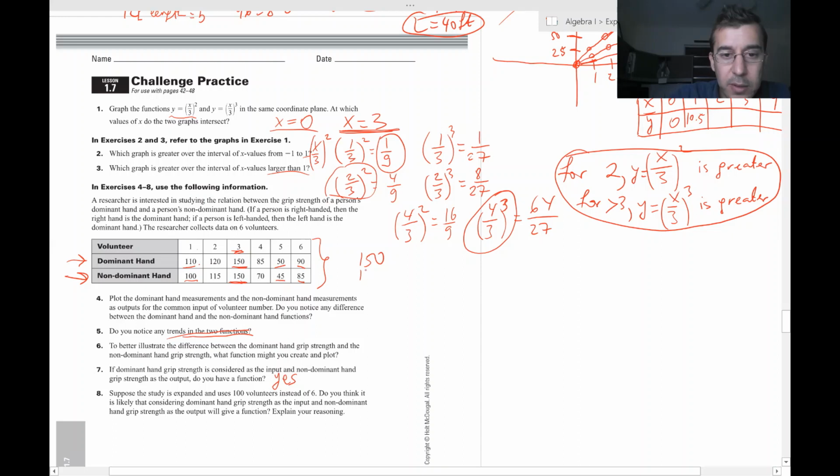Let's say it's going to be 145. So in that case, we're going to have an input 150 that is mapped to two different outputs. In this case 150, and in this case 145. So we'll say that no, it's not going to be a function.